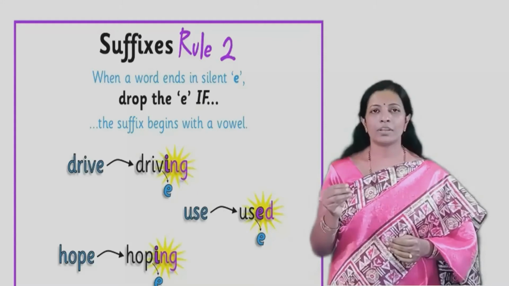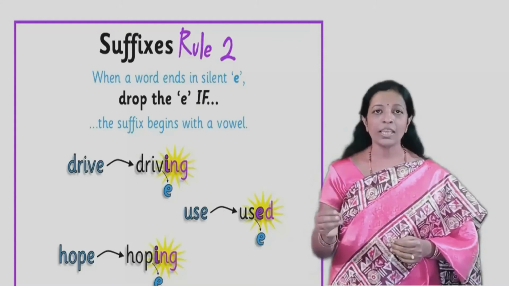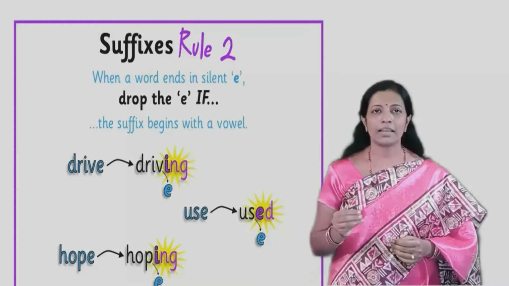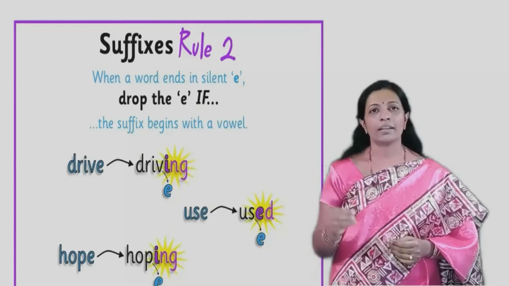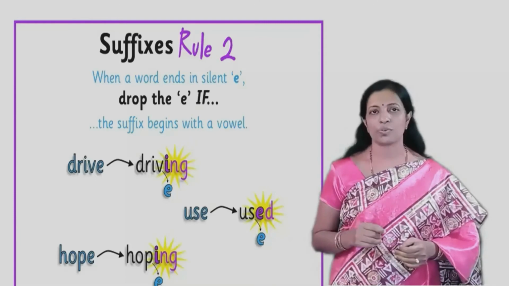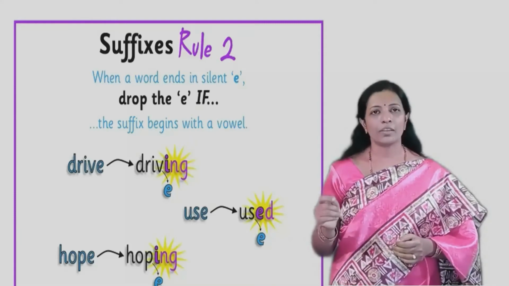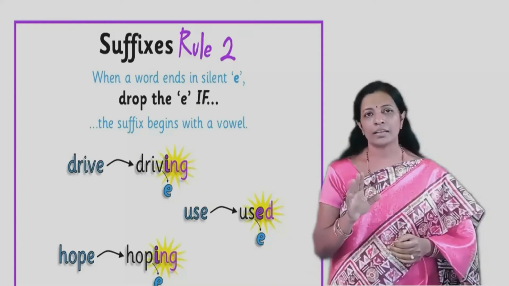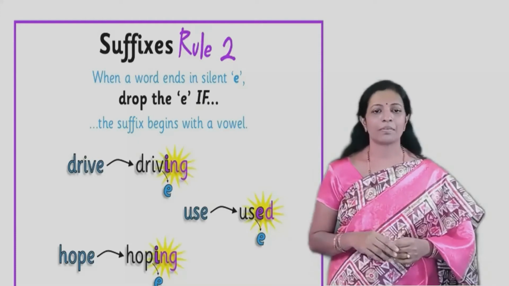Now, in the word use, which ends with E, the E is completely silent when we pronounce it, and the new word which is formed after adding the suffix is used. So, when we write used, the letter E is absent.